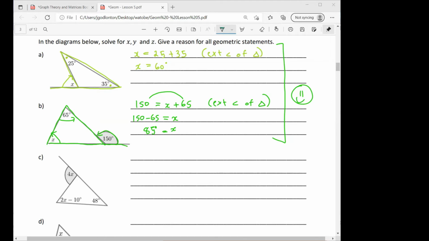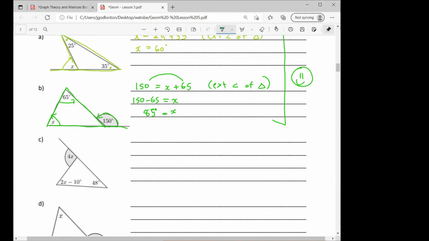But I'm seeing some nice answers coming through. And then we're going to do another one of these, and then we're going to learn our next reason for the day.